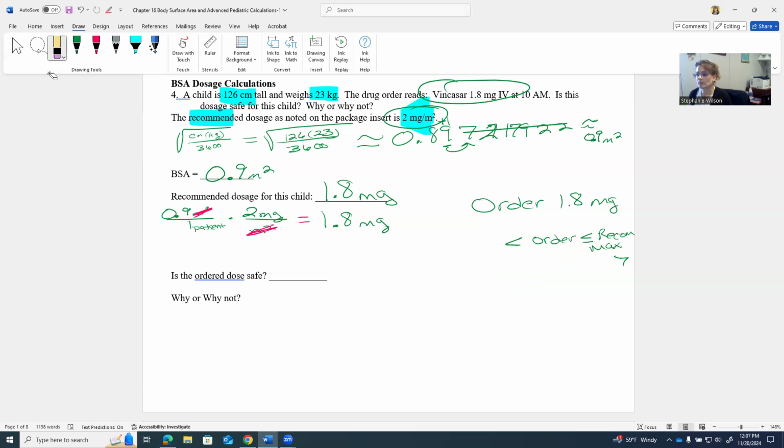In this case here, we only have a maximum amount. So what we want is the order to either equal the maximum amount or be less than the maximum amount. So if I write it, my order can equal or be less than the recommended max.